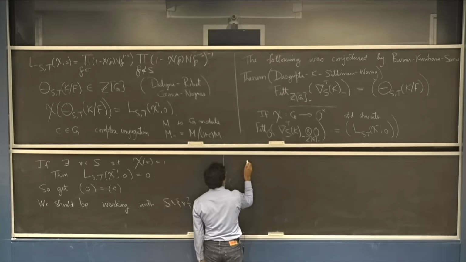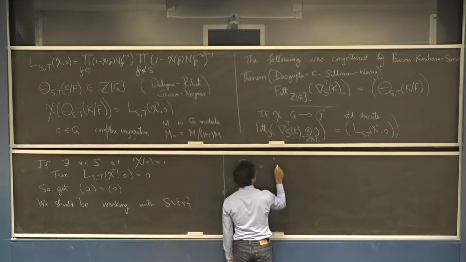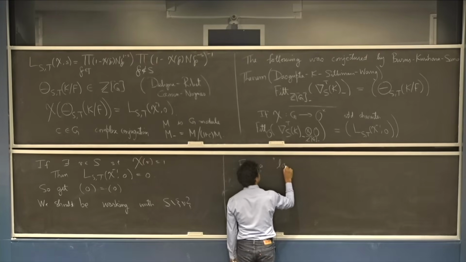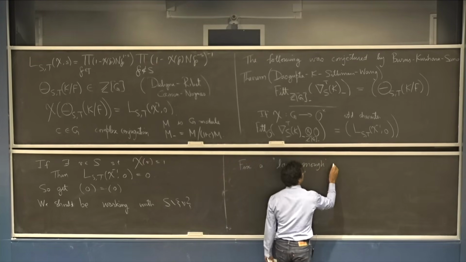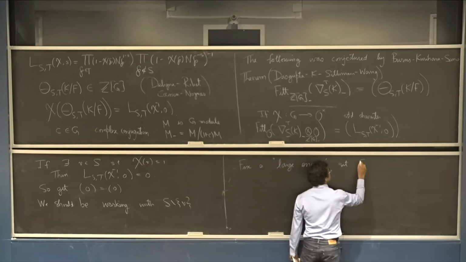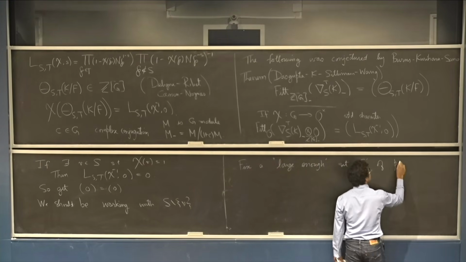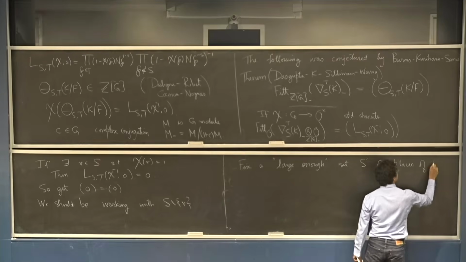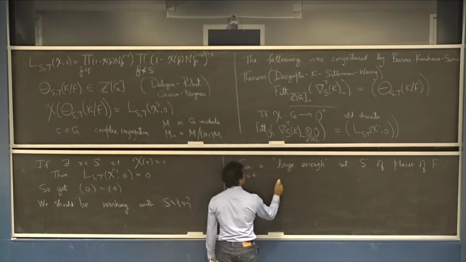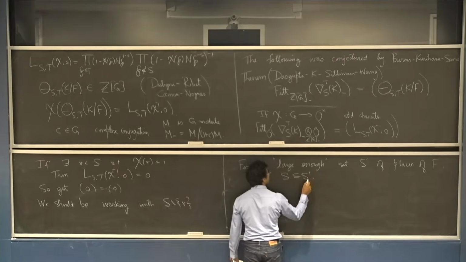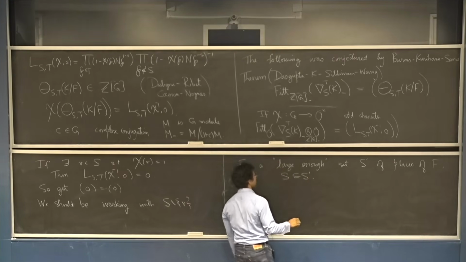So what I have to do is I have to fix a large enough set S prime of places of F, so again the downstairs field, such that S is contained in S prime, and I won't say what large enough means.